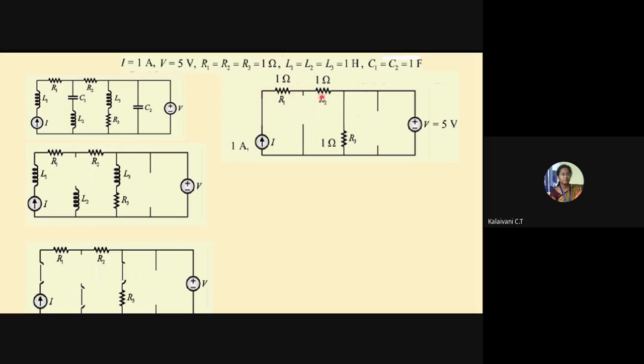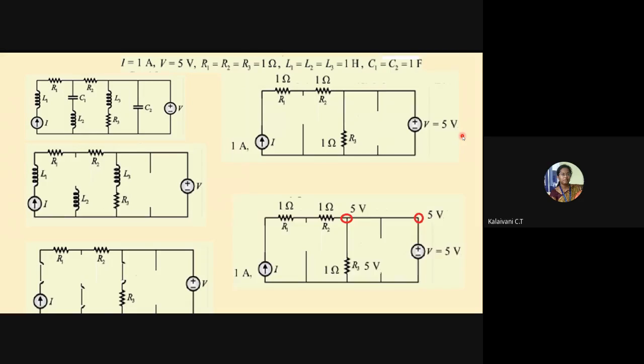1 ohm, 1 ohm, here 1 ohm. And V is equal to 5 volt. Now, at this junction, if it is 5 volt, here also 5 volt, here also 5 volt. So if the 5 volt is across this R3, what will be the current?